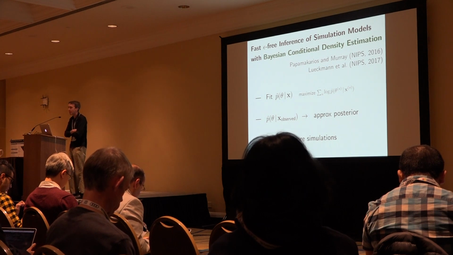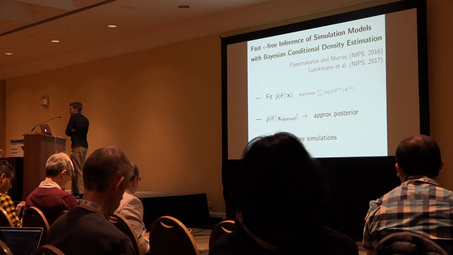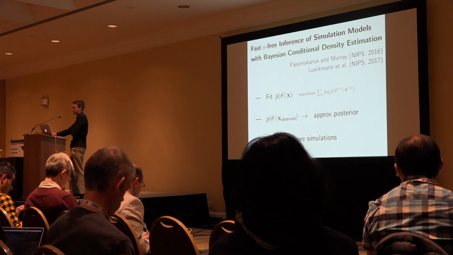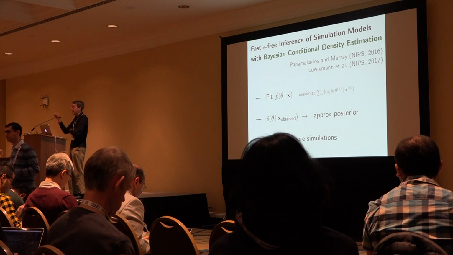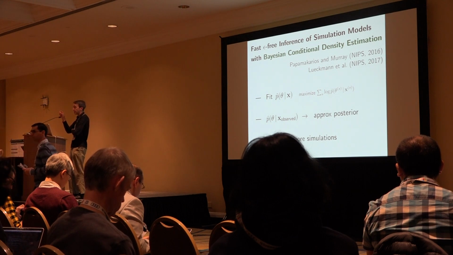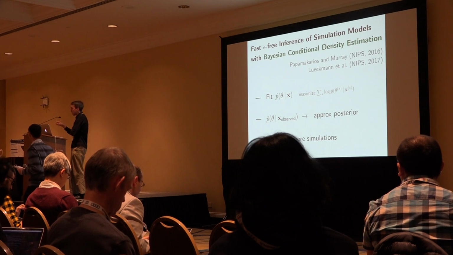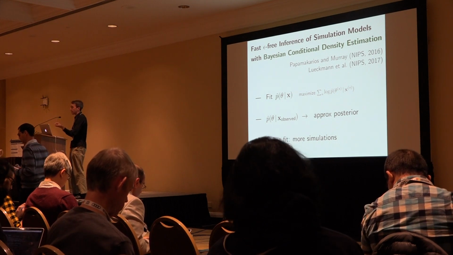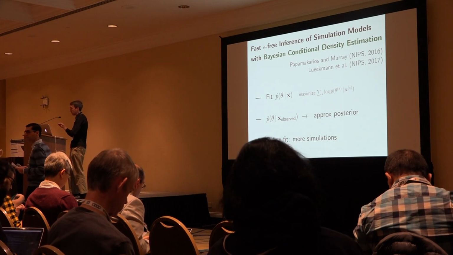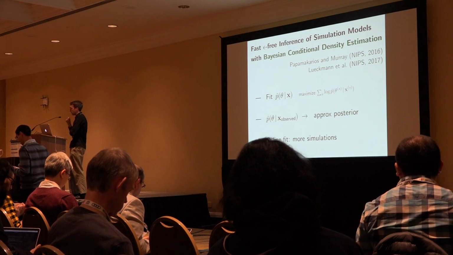If we simulate parameters from the prior, we're trying to learn the mapping between parameters and data in the entire space when we know that we're only interested in this part. And part of what we're doing here with this iterative procedure is saying, let's get an idea of what part of the parameter space is interesting and focus our attention there. Compared to the sequential ABC methods that have a similar flavor, we're converging faster with this approach.